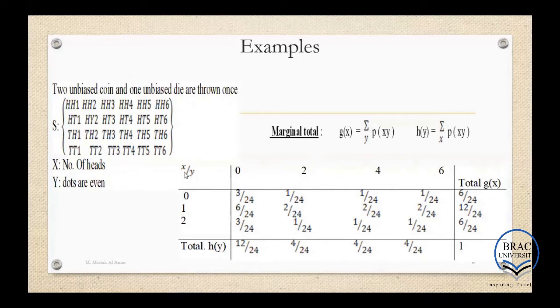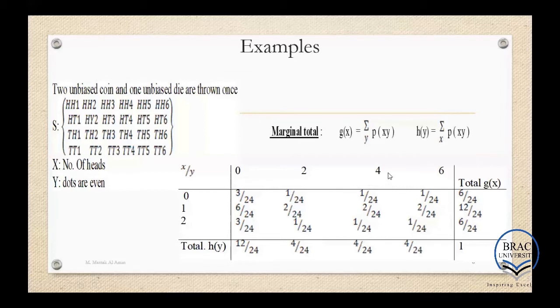Again, for example, if x equals 0 and y equals 0, that means the joint probability of x equals 0, comma y equals 0 is 3 by 24. So these probabilities we can consider as joint probability. What about their marginal probability? Say when x equals 0, then the marginal probability is 6 over 24.